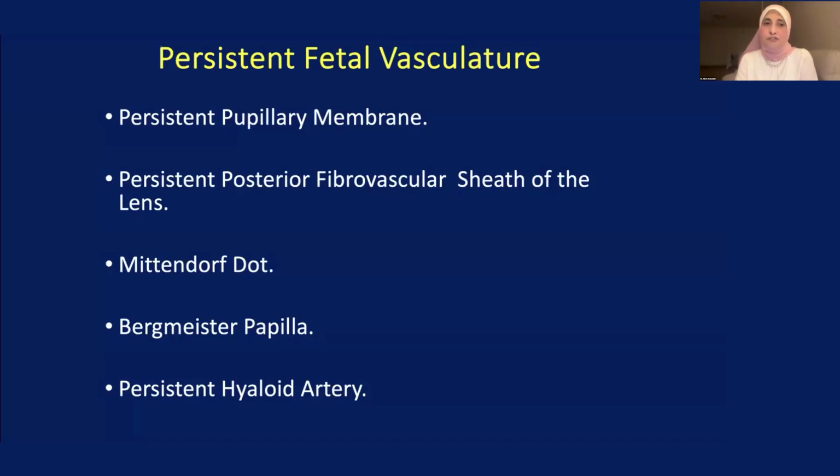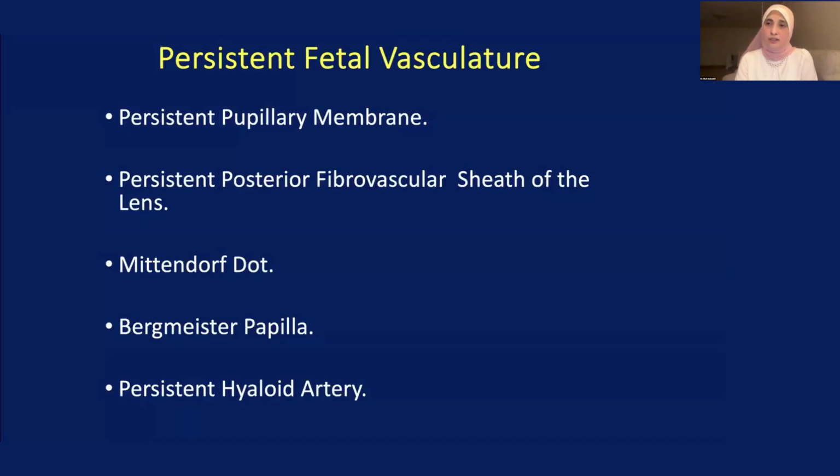There are 5 types of persistent fetal vasculature. If the anterior tunica vasculosa lentis persists, this is called persistent pupillary membrane. If the posterior tunica vasculosa persists, clinically it is termed persistent posterior fibrovascular sheath of the lens. If only the anterior part of the hyaloid artery persists, that is called Mittendorf dot.